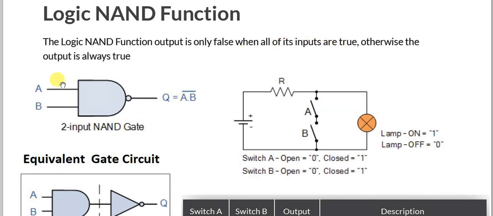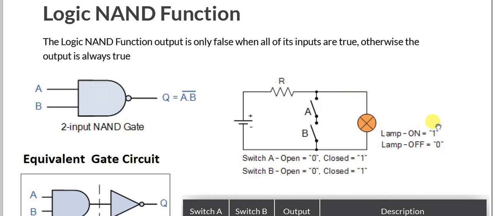So let's see now, if A is 0 and B is 0, the current will pass through, so Q is equal to 1. A is 0, that is the off state, this is off state, then output is equal to 1. Similarly, if A is 1, switch on, but B is 0, still the output is equal to 1. B is 1 but A is 0, meaning this is off and this is on.